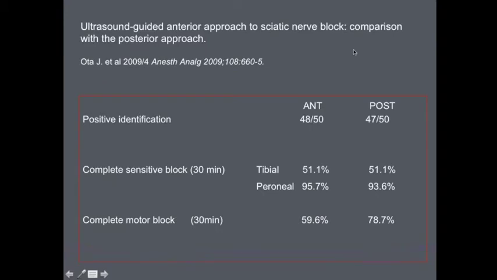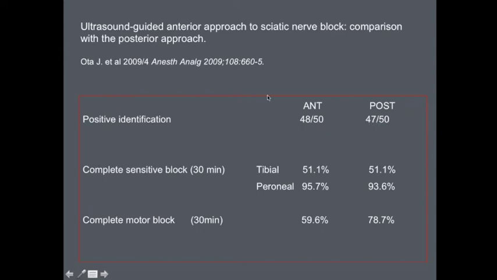Well, many of you are thinking right now: what is the decision that we should take? I mean, if we want to choose anterior or posterior techniques to approach the sciatic nerve, what is the best approach? Both are deep and both are proximal, for hip procedure indications. This group did this study to try to understand if there was an advantage to performing an anterior approach over a posterior approach.